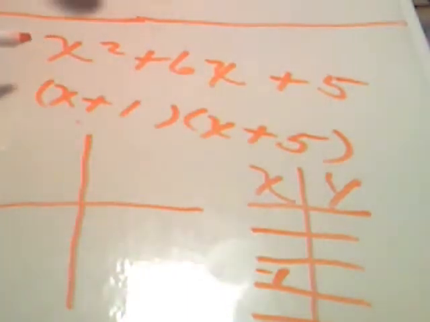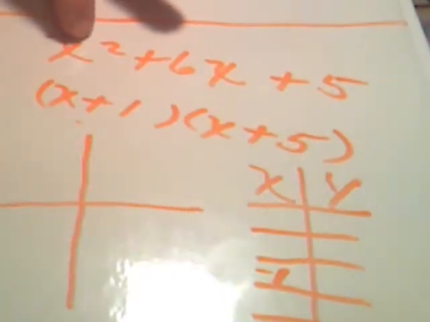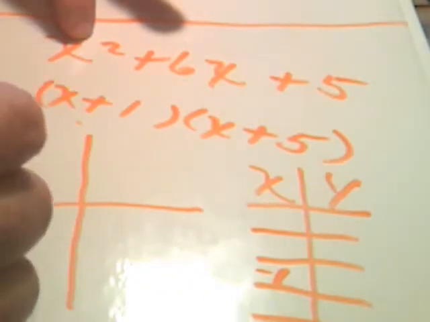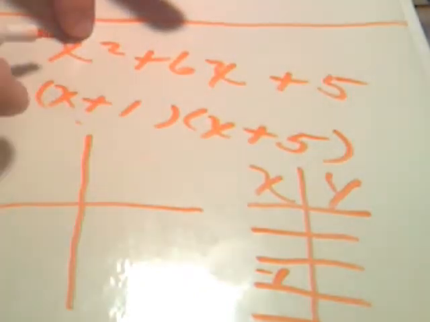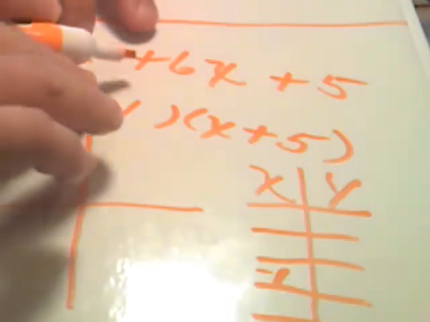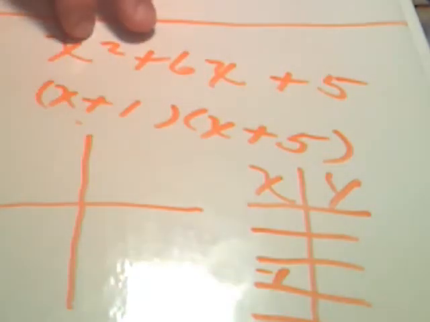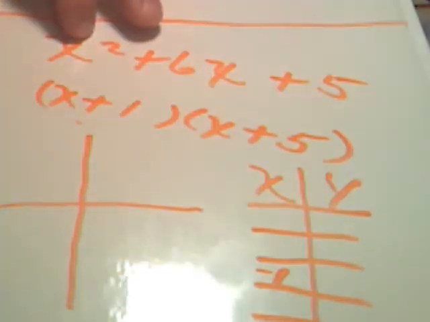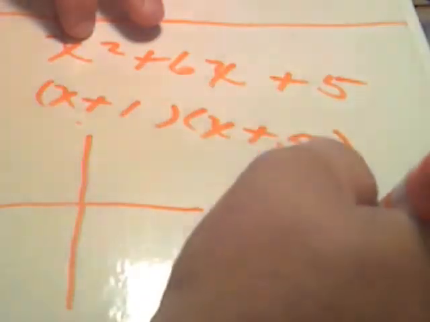So when we multiply -1 back into our original equation, we got -1 squared, which is simply 1, plus 6 times -1, which is -6. So -6 plus 1 is going to be -5, plus 5 is going to be 0.